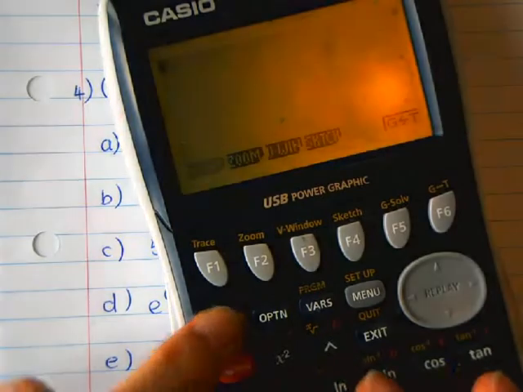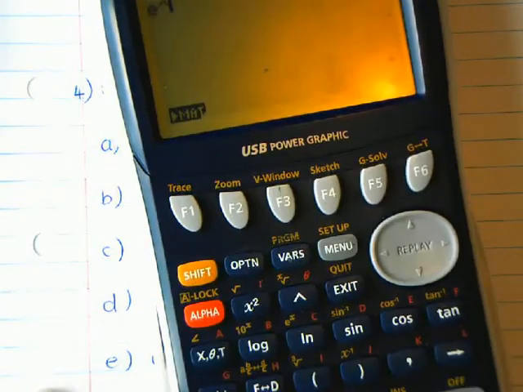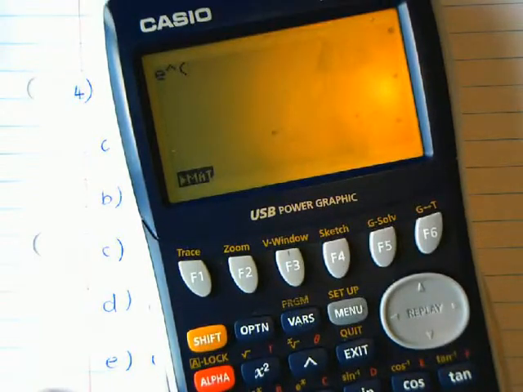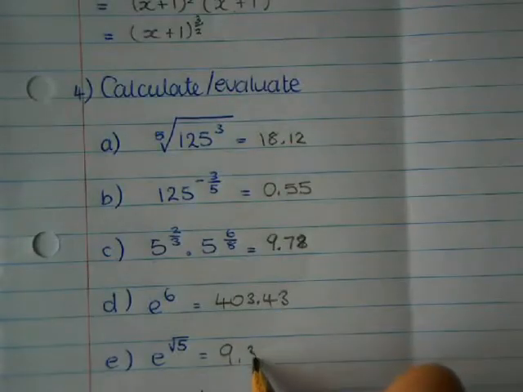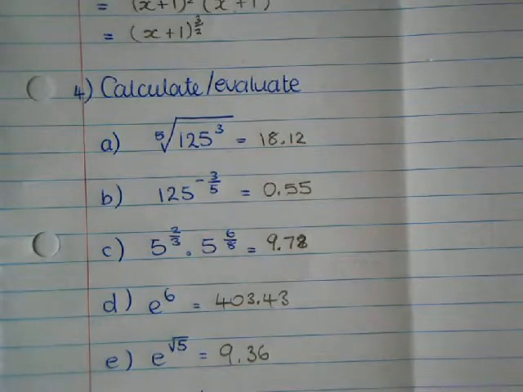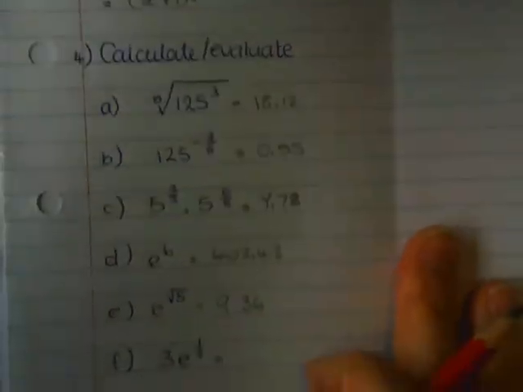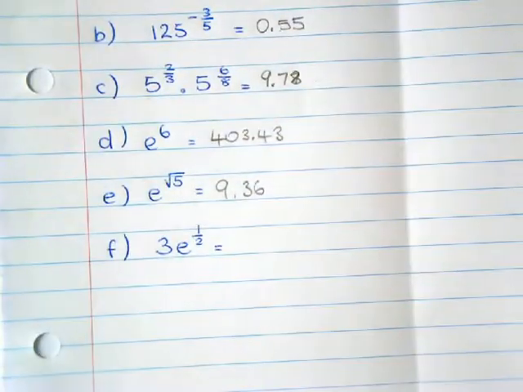Okay. e to the power of square root of 5, simply do Shift that button and do square root of 5, so Shift square root button 5, close brackets, enter. 9.36.